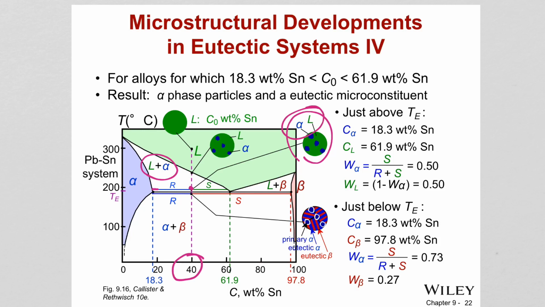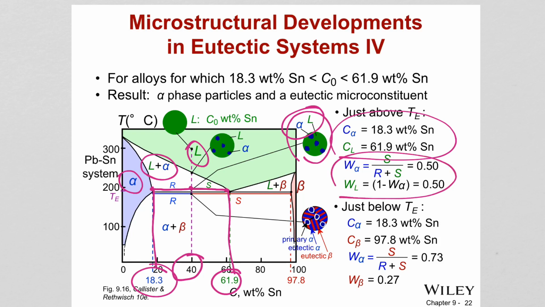Again, the tie line: you go to the intersections and read that 18.3% tin is in the alpha, and you read 61.9% in the liquid, because you are looking at the intersection with the liquid line. So we figured that out, it's given here. Take 40 as the original composition and plug it into the equations we have learned to calculate the weight fractions. It is 50-50.